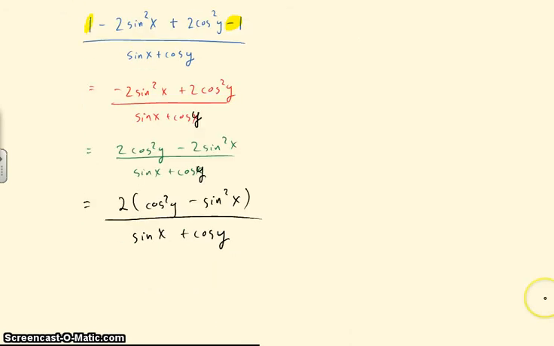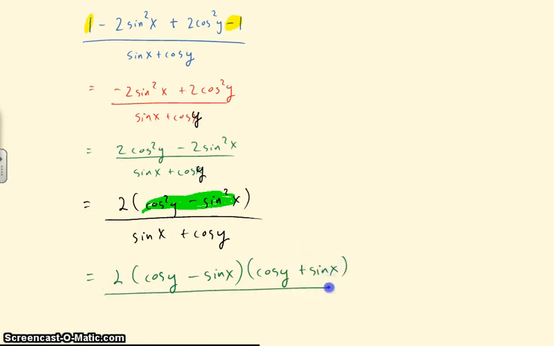Now I see that this is the difference of squares. So this is 2 times cosine y minus sine x and cosine y plus sine x. This is sine x plus cosine y. I'm going to write it as cosine y plus sine x.